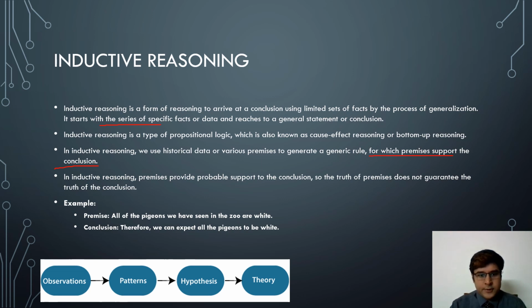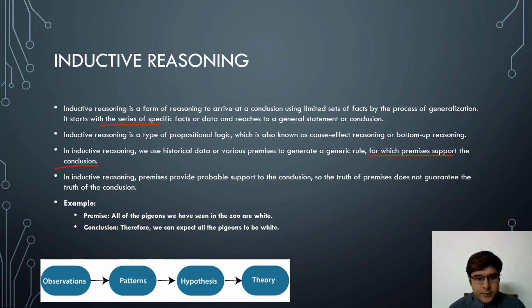In inductive reasoning, we use historical data or various premises to generate a generic rule for which premises support the conclusion. What is meant by this statement is, in inductive reasoning, we use the data within the premises to generate a rule, and that rule is supported by all the premises to arrive at the conclusion.